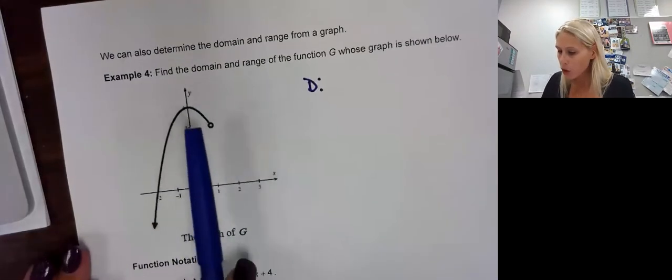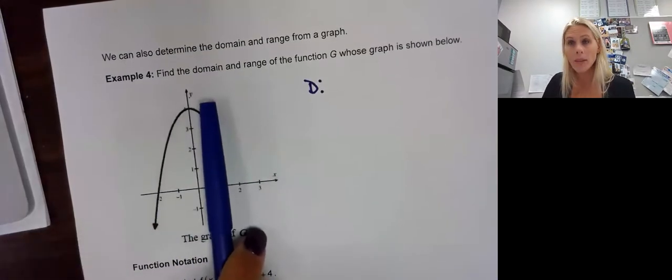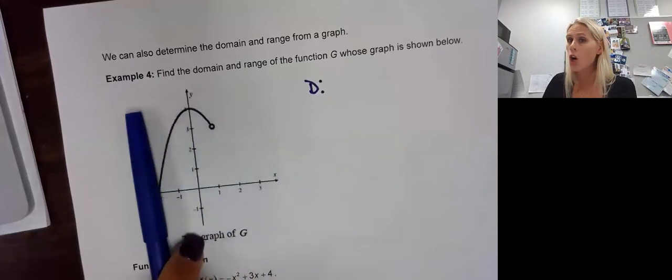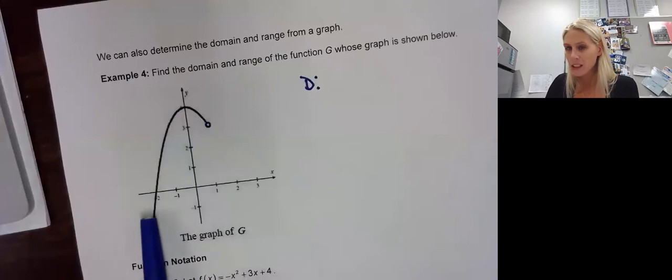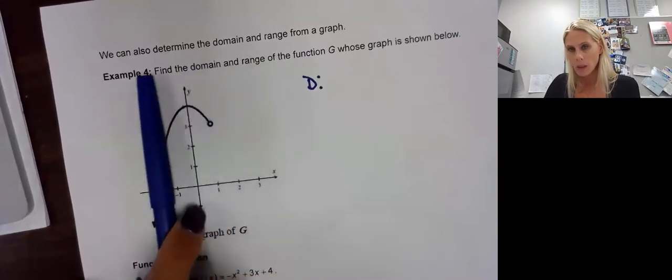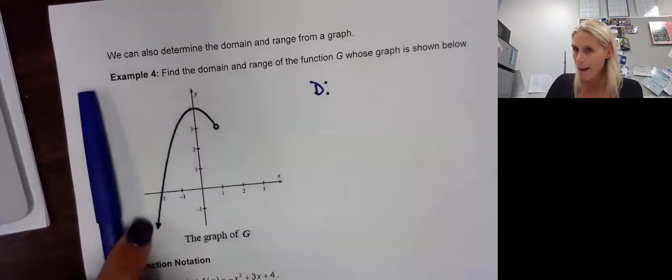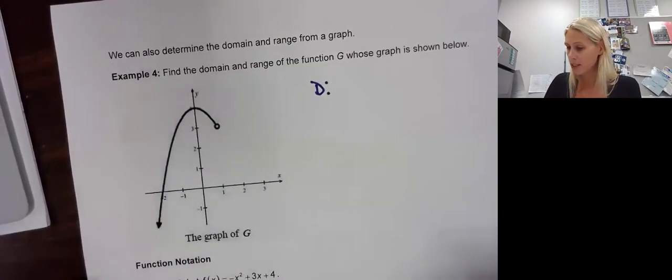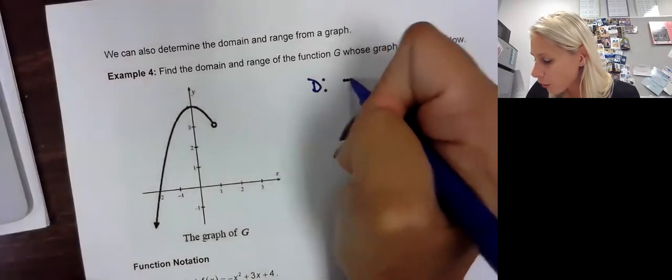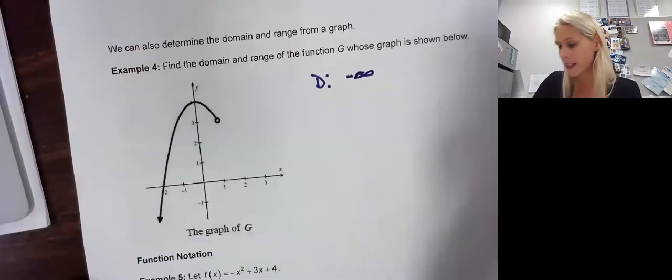So if I look at my function here, I'm going to start left. I want to look all the way left. So if I go to the left, I see there's an arrow. So that arrow is telling me to continue left. What value is all the way left? Hopefully you said negative infinity.